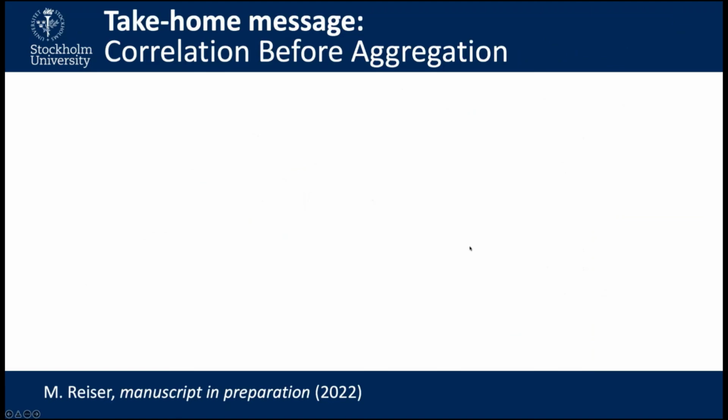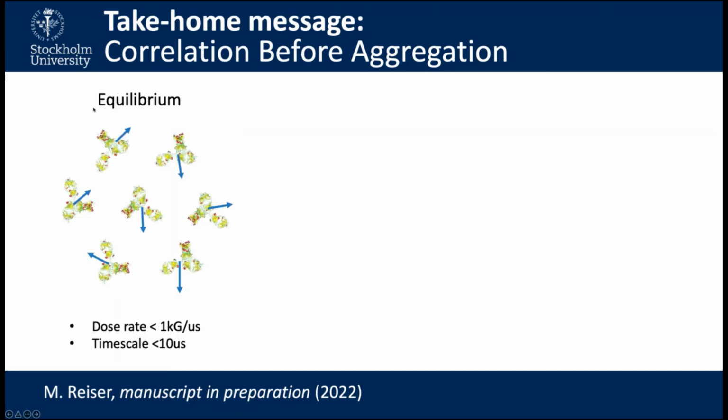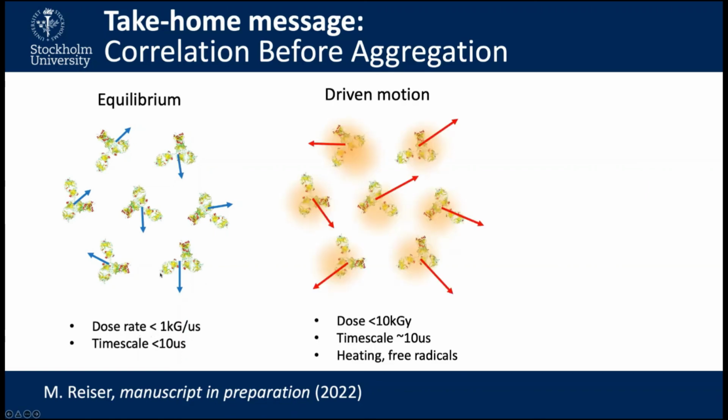So the take-home message here is, we heard a lot about diffraction before destruction. Now I want to tell you about this: a way to think about correlation before aggregation. If you are smart enough in designing your experiment and choosing low dose rates and looking at early times, you can get equilibrium dynamics.